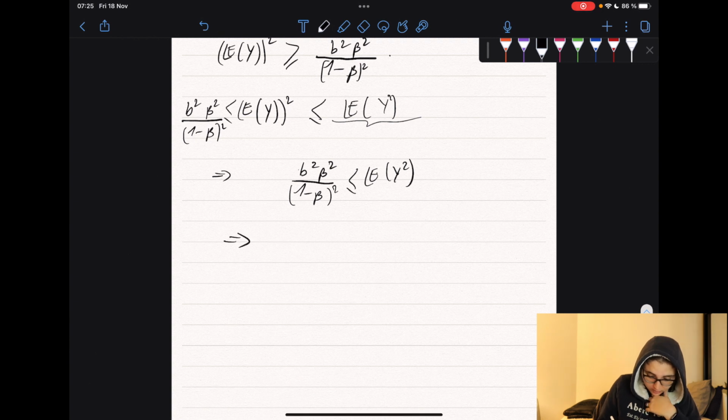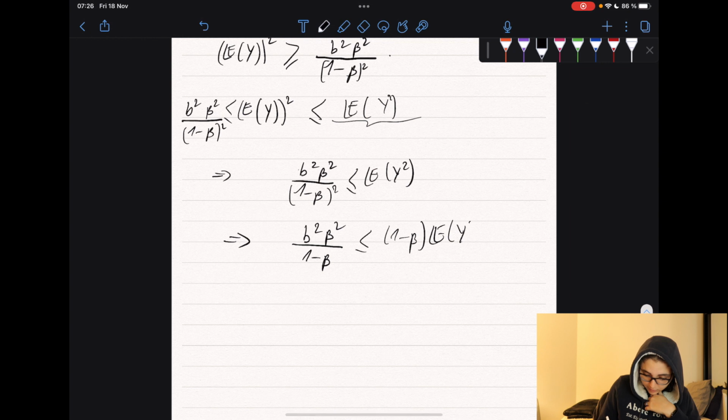Hence, if we multiply both sides by 1 minus beta, we get the inequality that we were looking for in terms of 1 minus beta times expectation of y squared, and this is exactly the integral number 1, which is the integral from minus infinity to b of x squared times p_x of x dx.